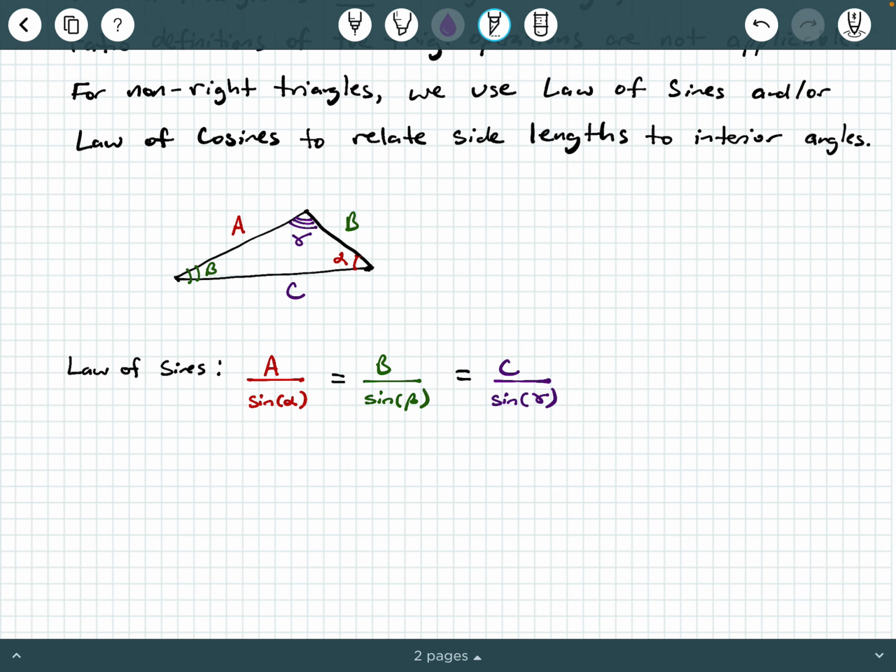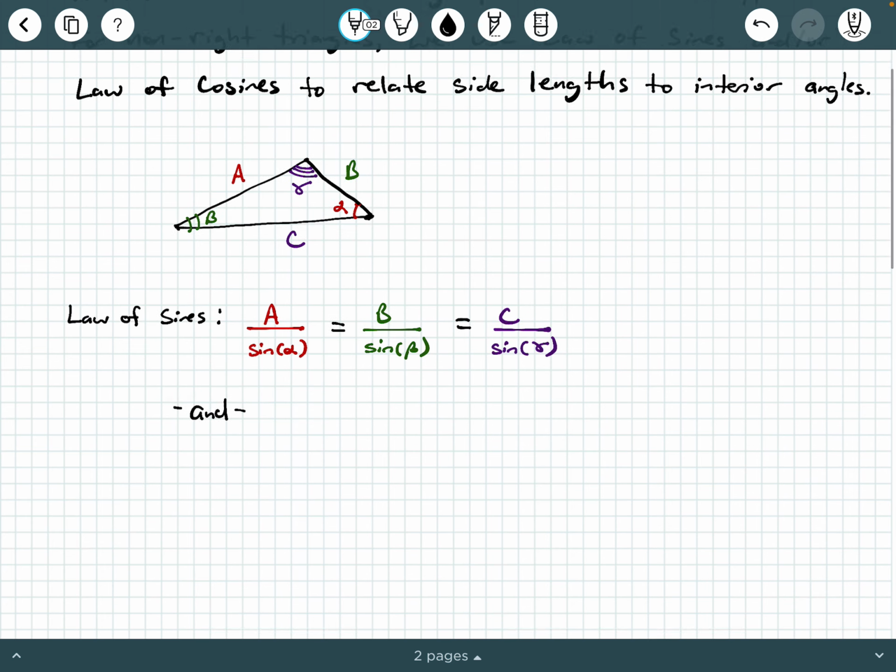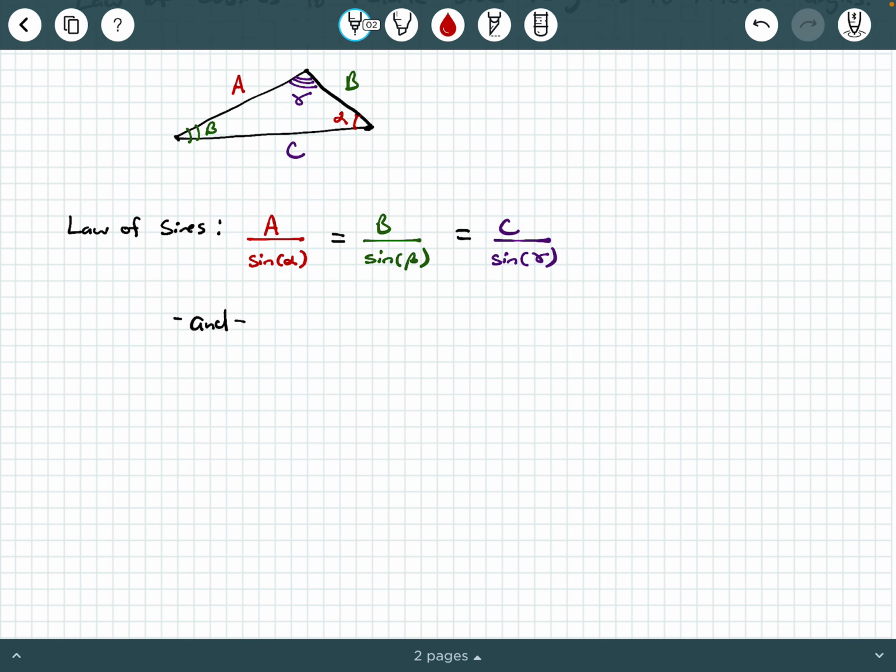Now, here's what's really cool about this, okay? You can cross multiply all of these around each other, and we can restate this as the following. We could restate this as sine of alpha over A equals sine of beta over B equals sine of gamma over C. So you could use this law of sines relationship in both reciprocal senses.